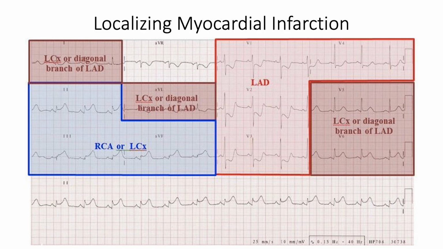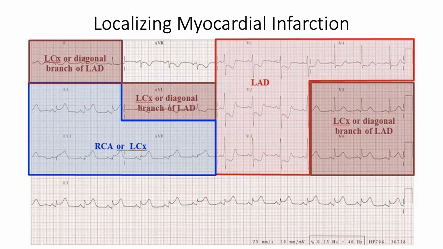And just a reminder that you can use ST elevations to localize where the most likely vascular distribution is, right? So in this EKG here, we have ST elevations in 2, 3, and AVF. So you're thinking likely this is an inferior myocardial infarction. The inferior left ventricle is supplied by the posterior descending artery, which is usually a branch of the right coronary artery.